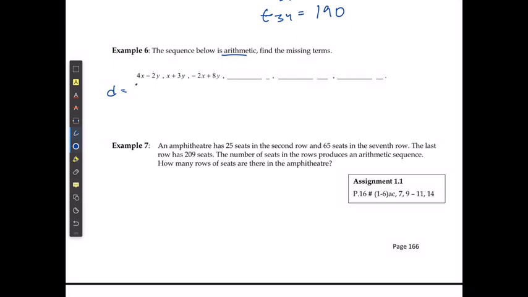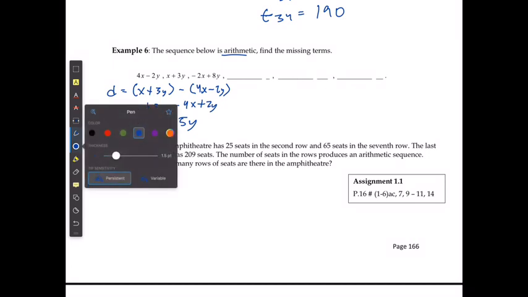So let's take the second term, x plus 3y, minus the term that came before it, 4x minus 2y. This would be the same as x plus 3y, and then if I apply the negative, negative 4x plus 2y. Or negative 3x plus 5y.